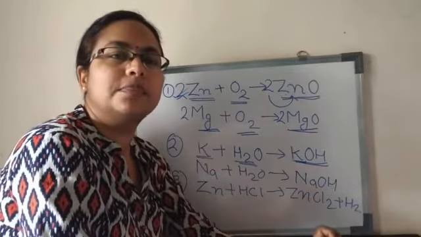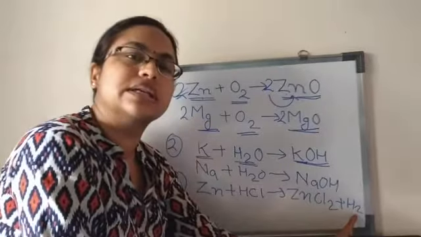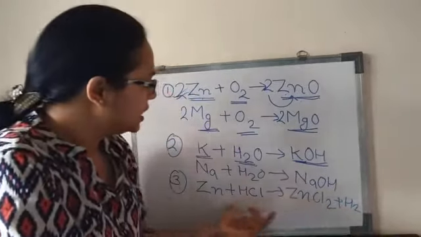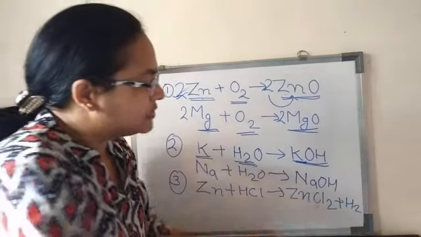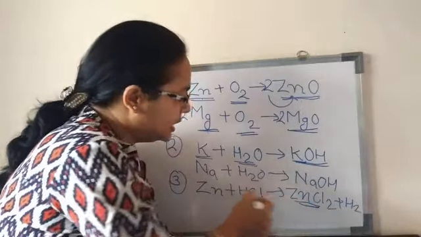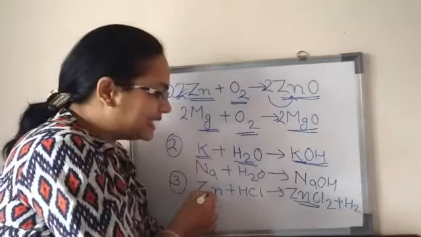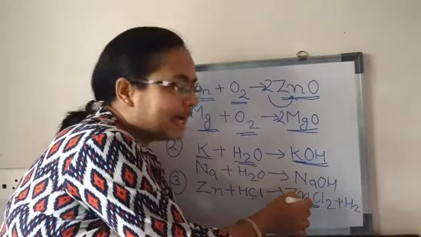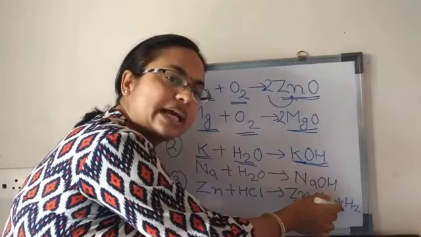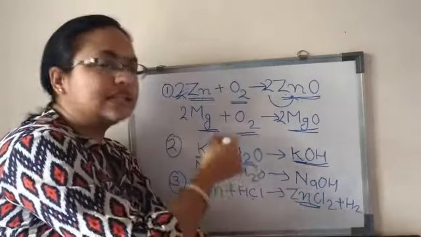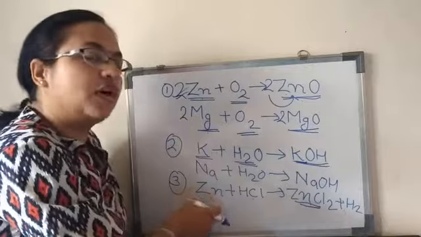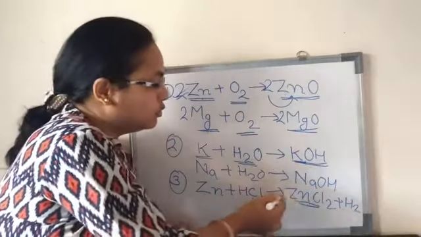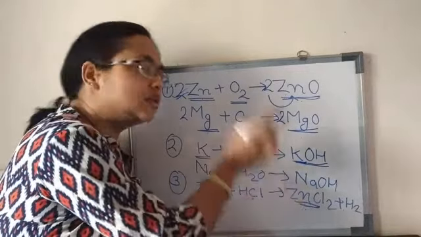When you bring a burning matchstick near the hydrogen gas, it produces the pop sound. So zinc chloride, which one is the salt here? So whenever a metal reacts with an acid, it forms the salt of that metal and the hydrogen gas is liberated. This is the procedure which is followed. If you change the metal, it will remain the same. उस metal का वहाँ पे salt बनेगा.